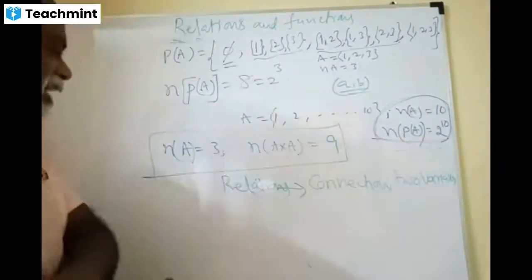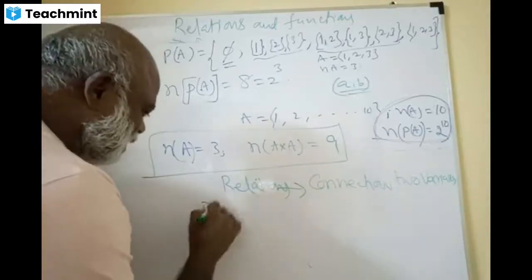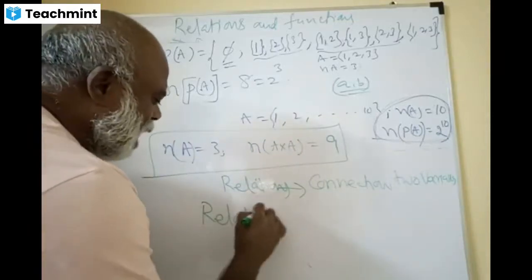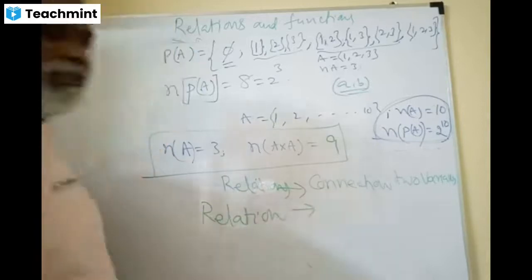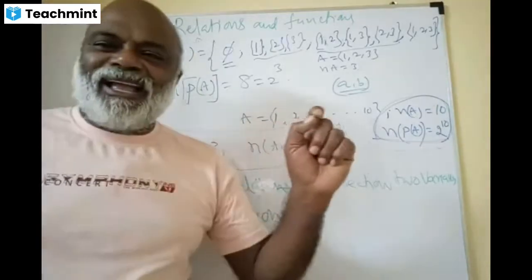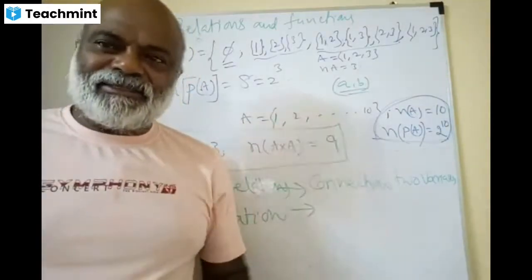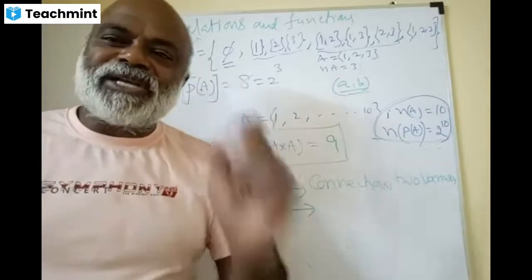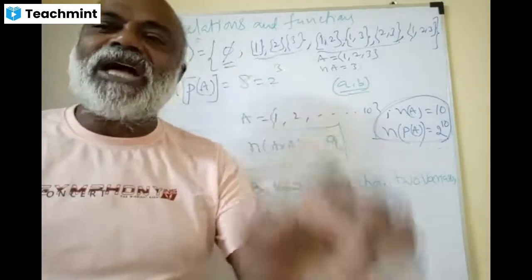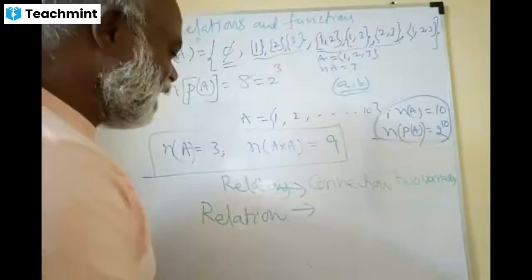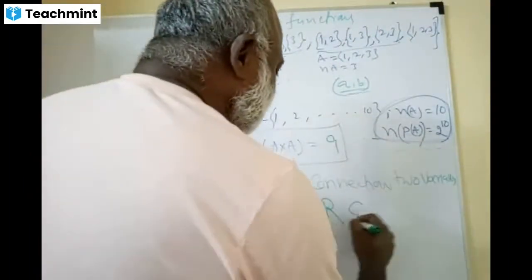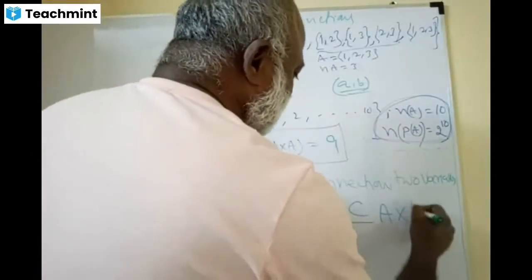Now friends, mathematically how do you define a relation? R is the relation which is a subset of A cross B. Friends, R is the subset of A cross B. That's all.